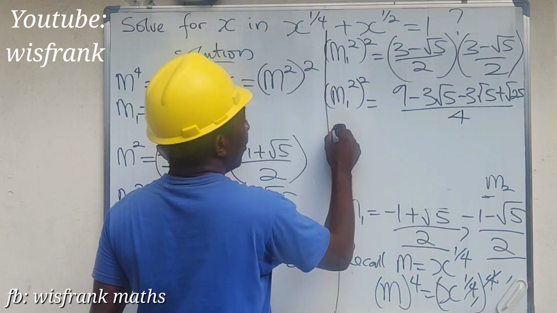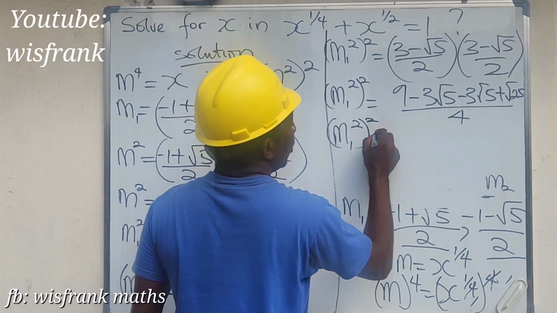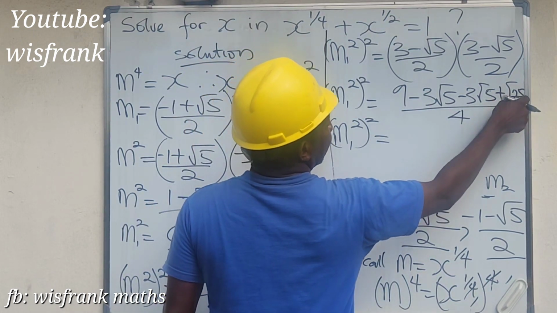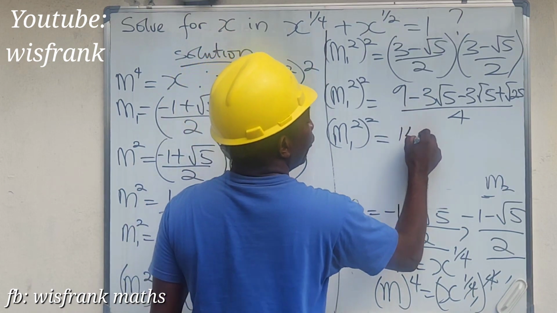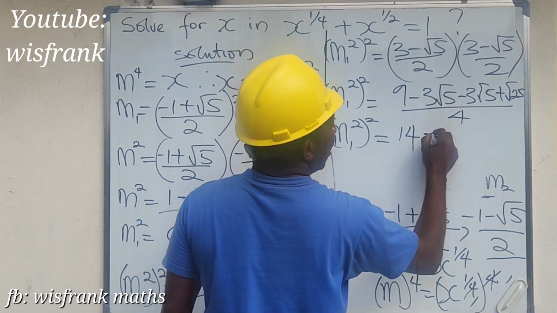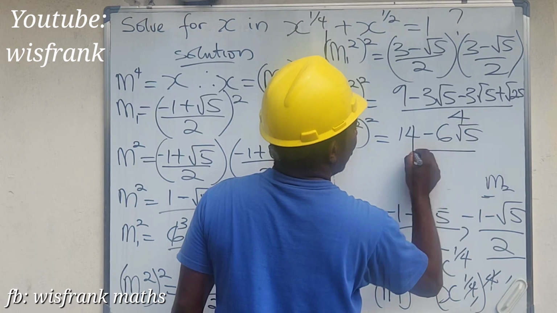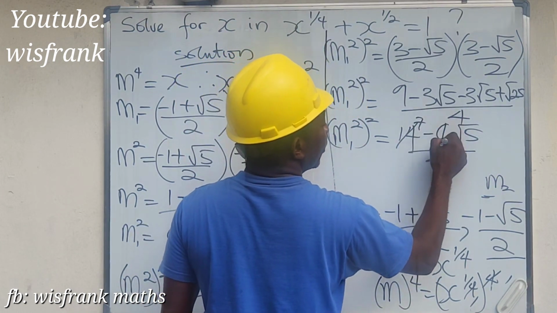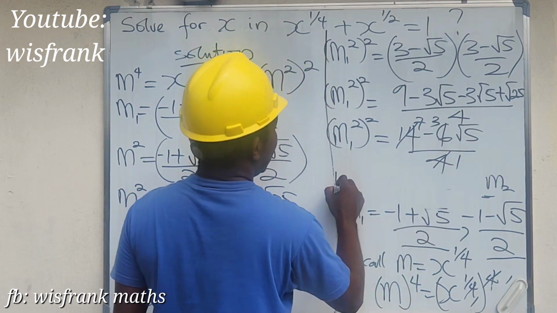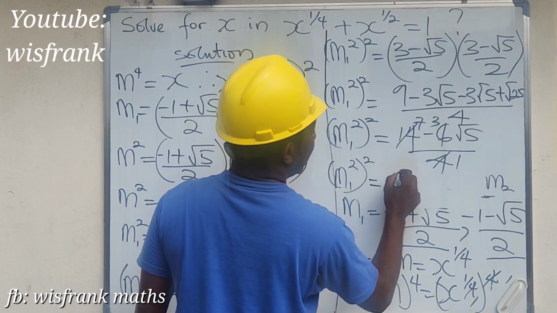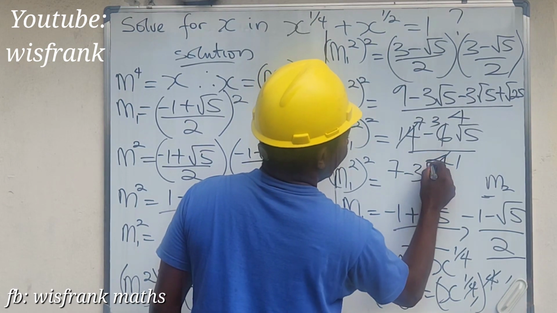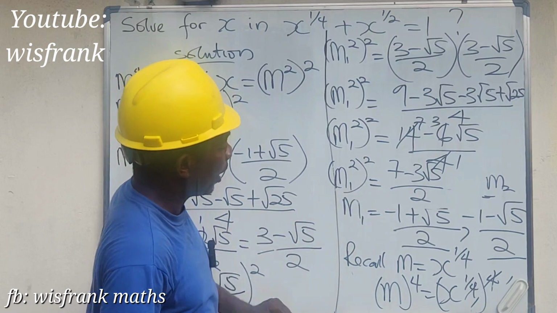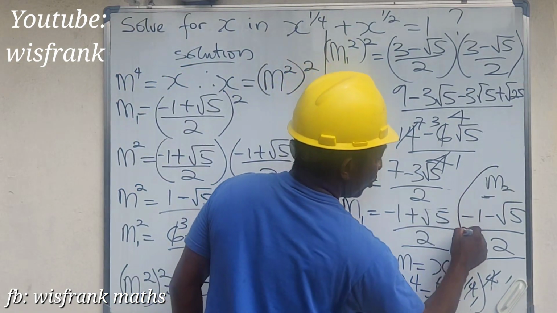So in this case, our m1 squared, this is 9 and root 25 is 5. Then 5 plus 9 gives us 14. Then we have minus 6 root 5 all over 4. So in this case, 2 cancels here, 7, and 3. So we are now left with m1 squared will be 7 minus 3 root 5 all over 2. So this is what we have. I don't want to clean it because we are going to make use of this.